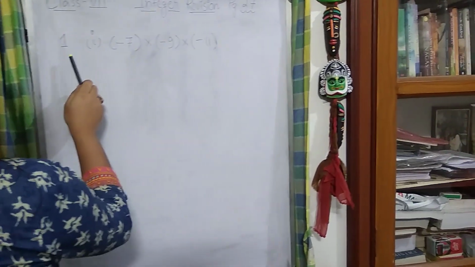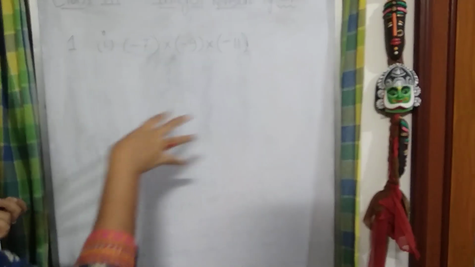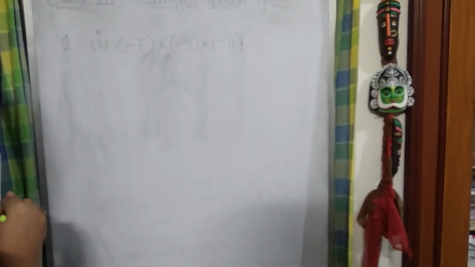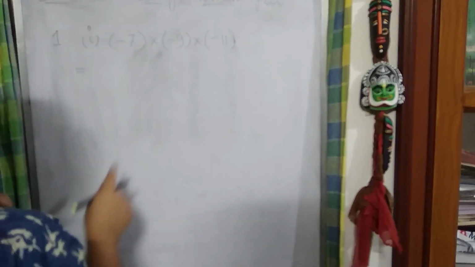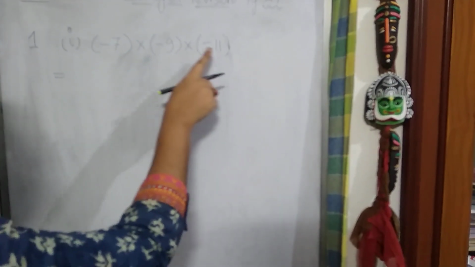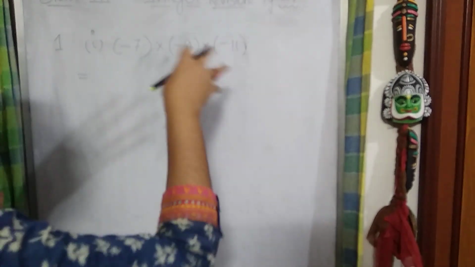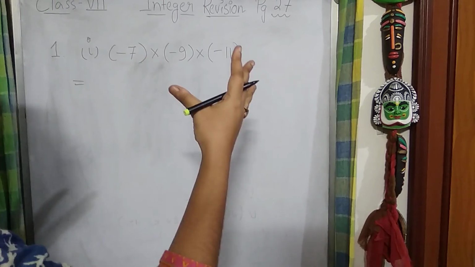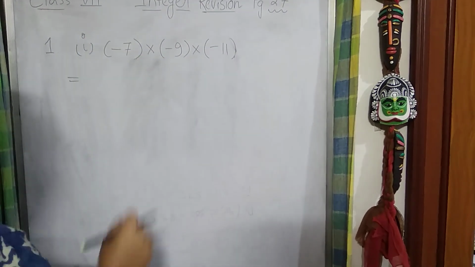So here, see number 1, I have written it down. Now we have already done this kind of sums. To do this kind of sum, see here, minus 7 is multiplied with minus 9 and then multiplied with minus 11. So we are going to multiply it accordingly, keeping in mind the knowledge of the signs.